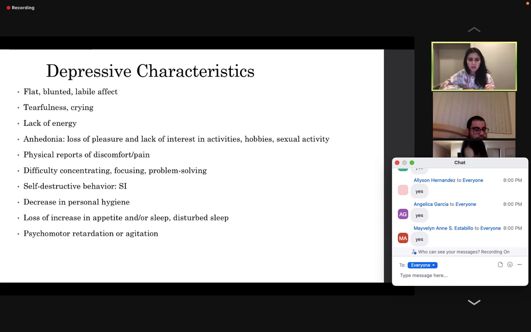Can't concentrate, difficulty problem solving, self-destructive, SI, decrease in personal hygiene, change in appetite, disturbed sleep, psychomotor agitation, retardation. Depressive symptoms, everything we learned last week. I'm not going to focus too much on it because you guys know this. Are we good on that? We're okay to move forward, right?